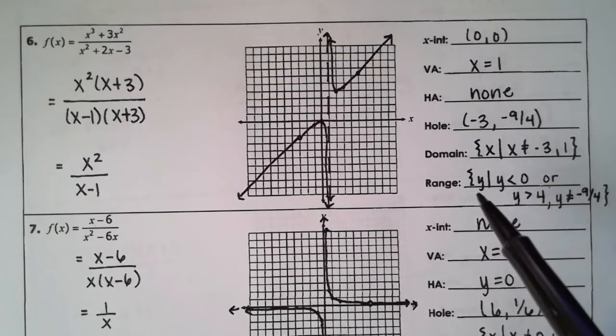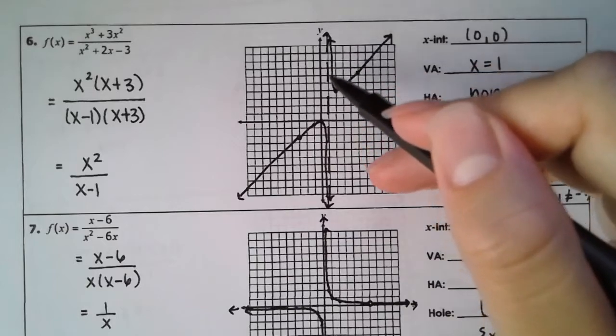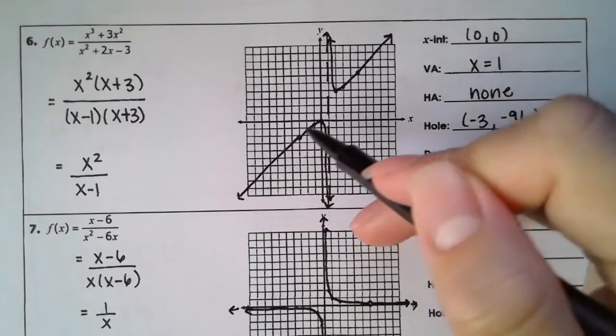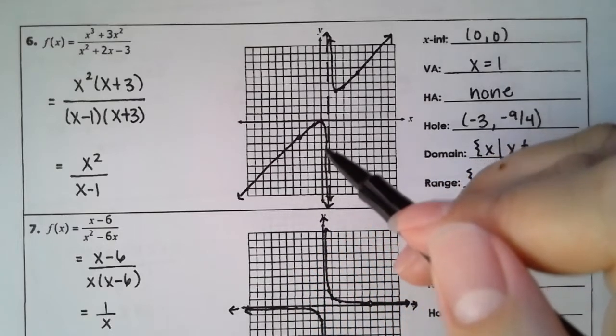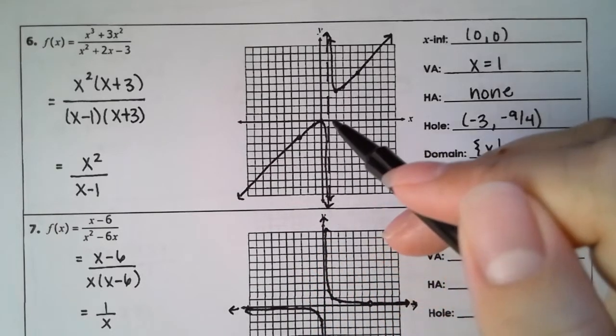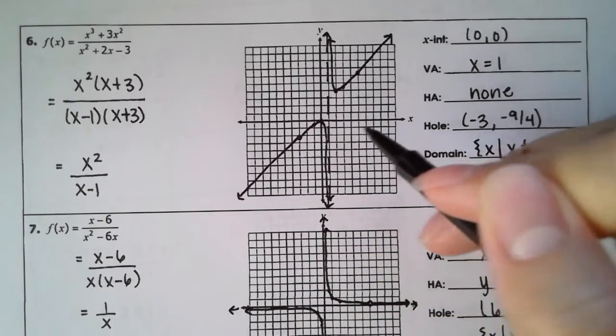For my range, let's pause on the range again. So this one, you're probably seeing, whoa, what is this? It looks really, really different. Same thing I want you guys to do: take some x values to the left of the asymptote and some x values to the right of your asymptote.